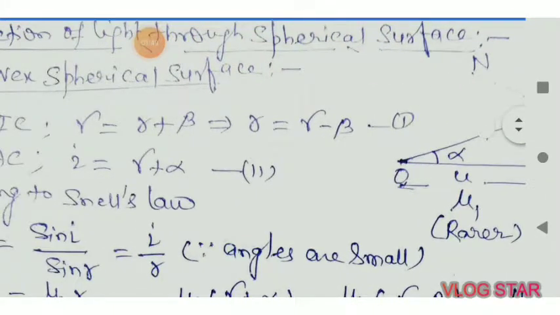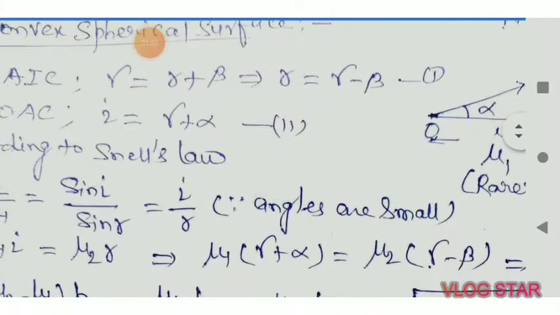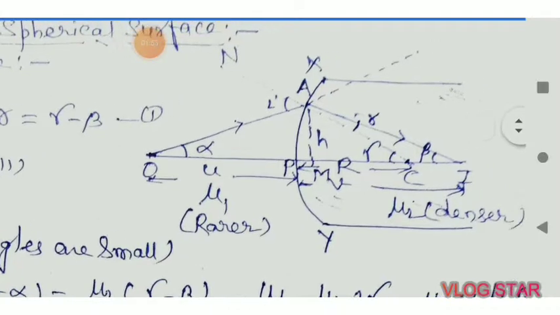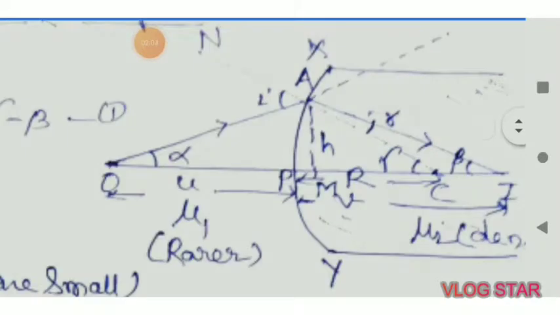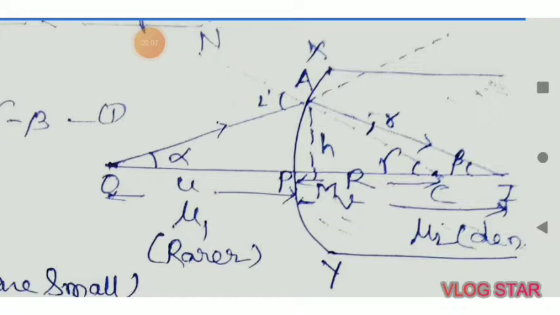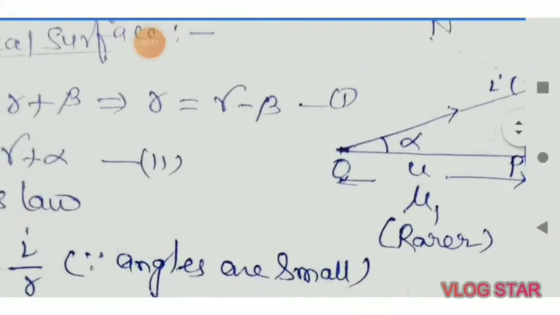Gamma is equal to r plus beta, and so r is equal to gamma minus beta. Now take triangle OAC. Here angle i is the exterior angle, and so that will again be equal to the sum of interior opposite angles gamma plus alpha. i is equal to gamma plus alpha.